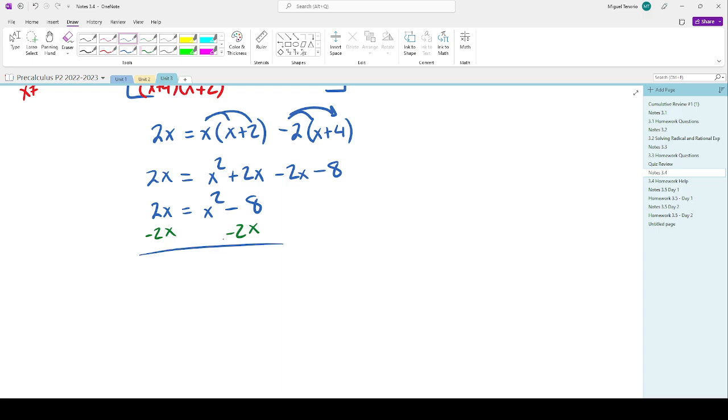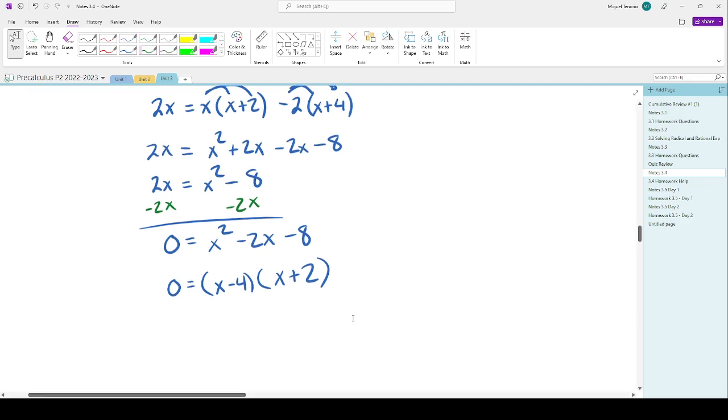So then we should have 0 equals x squared minus 2x minus 8. Before you freak out and think, oh my gosh, I've got to use the quadratic formula, you don't necessarily have to. We are going to keep it to factoring for the most part. So these expressions should factor nicely. This one is no exception. We're going to end up with x minus 4 times x plus 2.